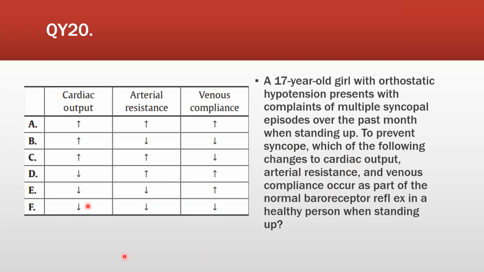Would it be C? Okay, why C? Tell me. Because first, we could just say that cardiac output is inversely proportional to venous compliance. So this eliminates choices A and F. And since we're standing up, we need more venous return.